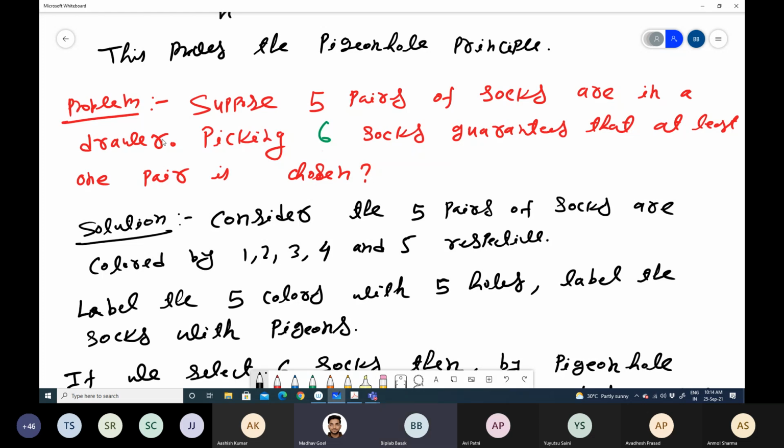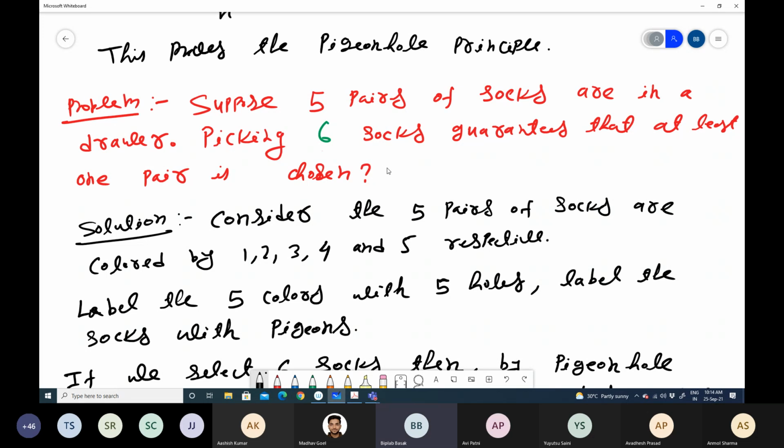Okay, the question is this one. If I ask you which is the least number of socks you choose, you can choose 10. Then there is no meaning of any solve, right? Because you have a total of 10 socks. So you can choose 10.